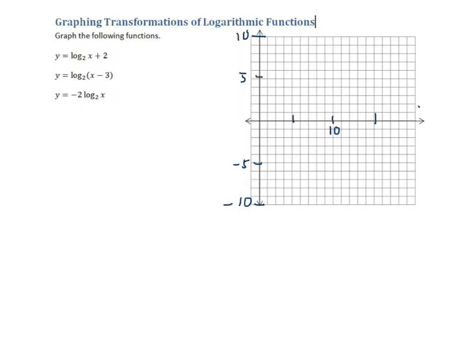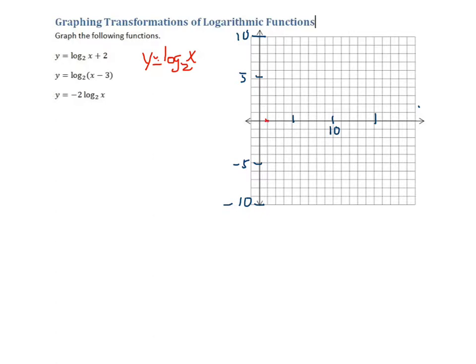So with our scale on it here, let's put some dots real quickly where y equals log base 2 of x is, and we can think of it backwards. 2 to the 0 power is 1.